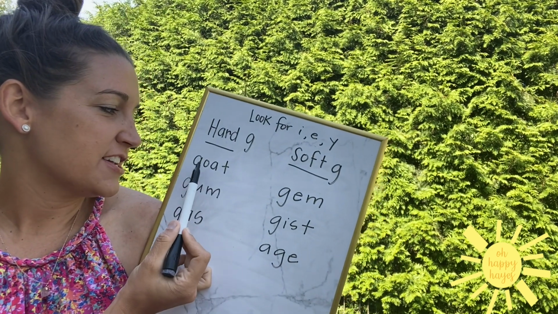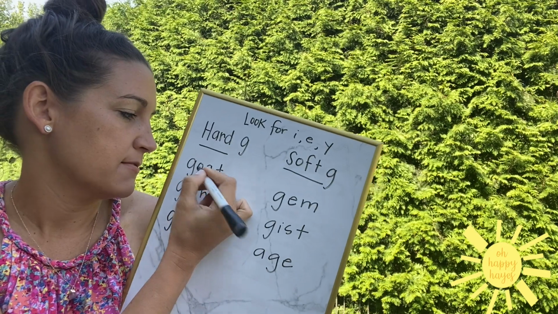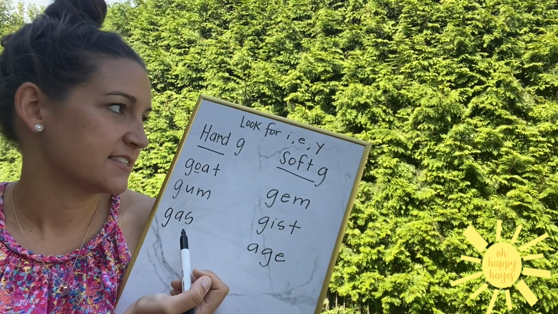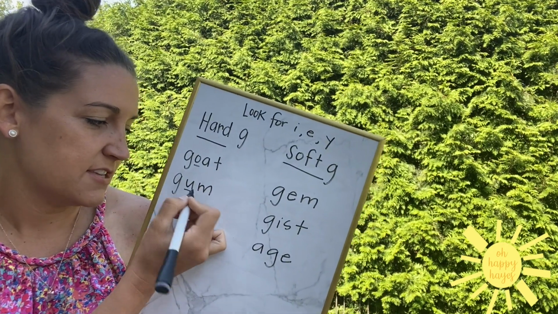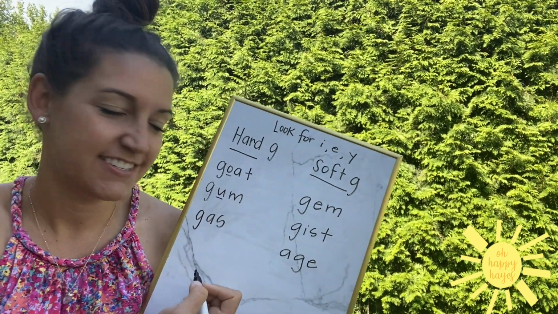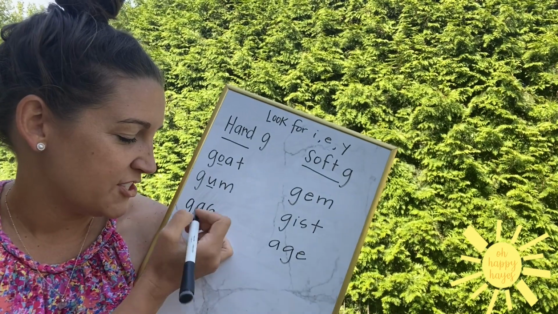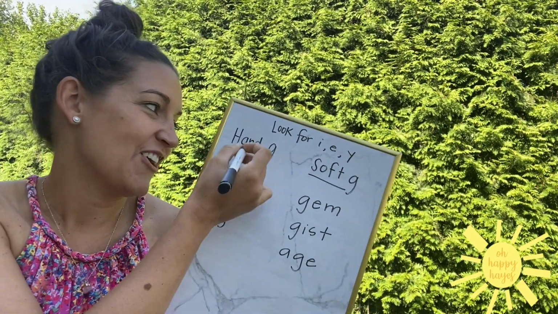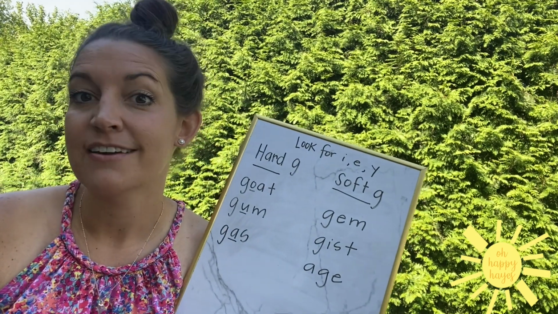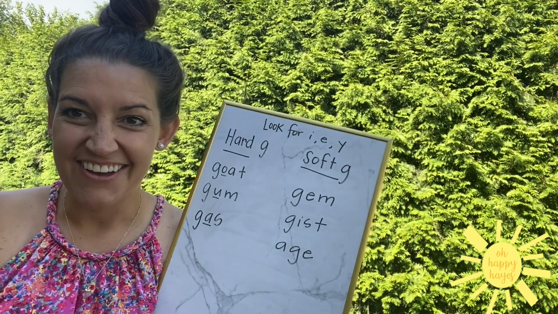So after the G, I see an O. All right, I know it's gonna be hard because it doesn't have I, E, or Y. G, after it is a U. So it'll say the G sound, hard G. After the G, a C, an A. So I know all of these are hard G, and they're going to sound like G. So let's sound them out.